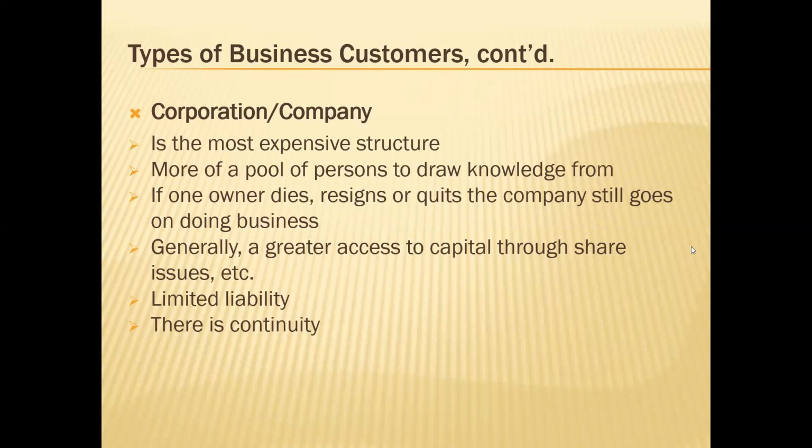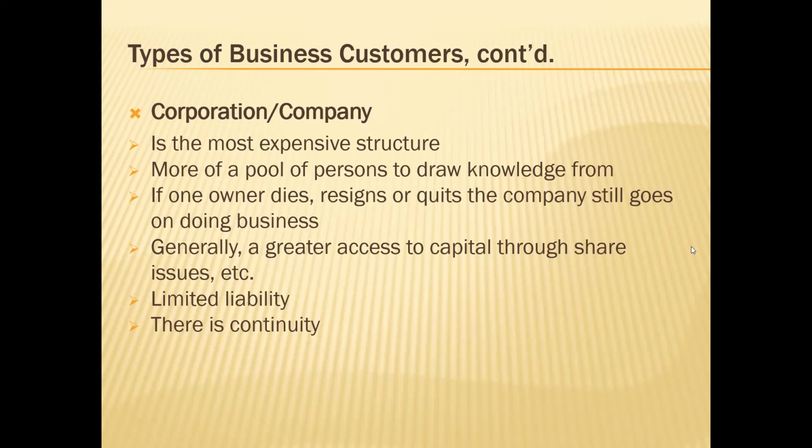Generally, a corporation or company has greater access to capital, usually through share issues, etc. And they have limited liability, generally speaking, although that could be circumvented in some instances. And one of those instances I already shared with you, where they ask to guarantee. And of course, this last one ties in with the third point. There's continuity.